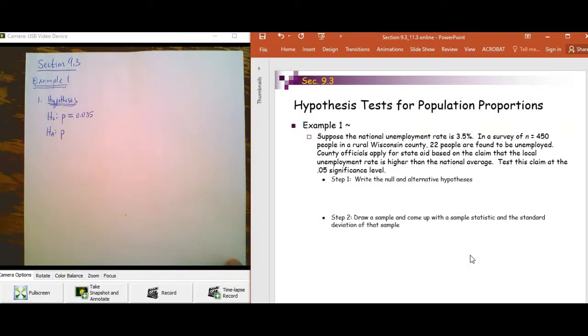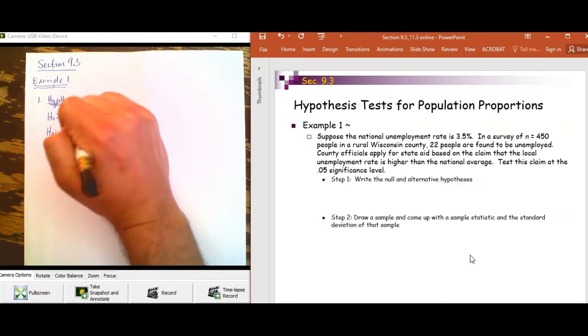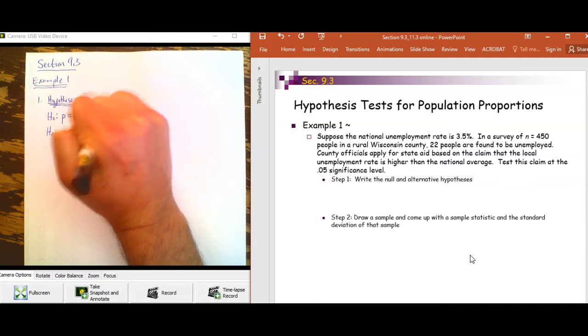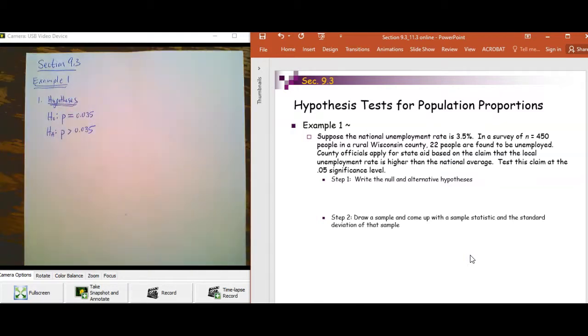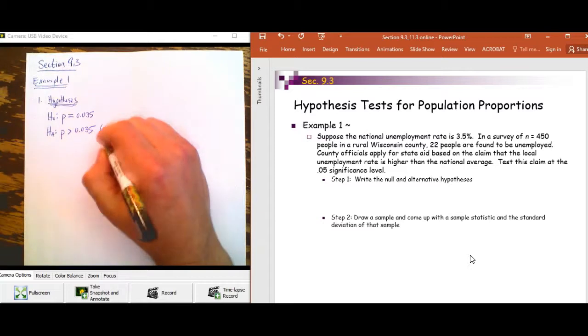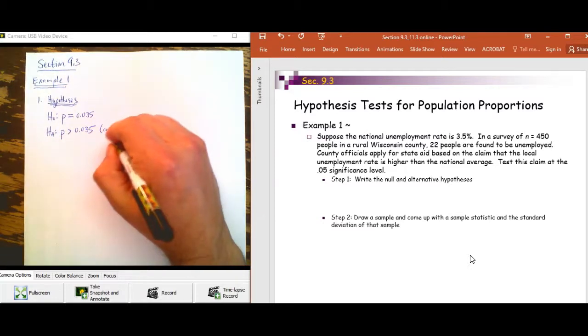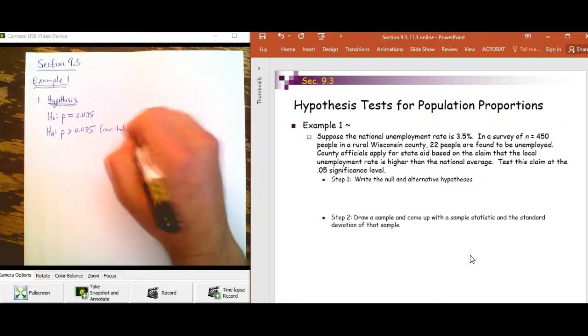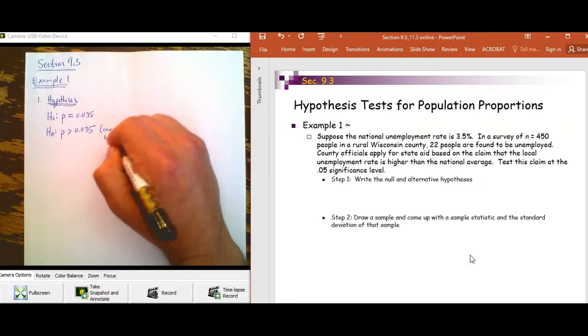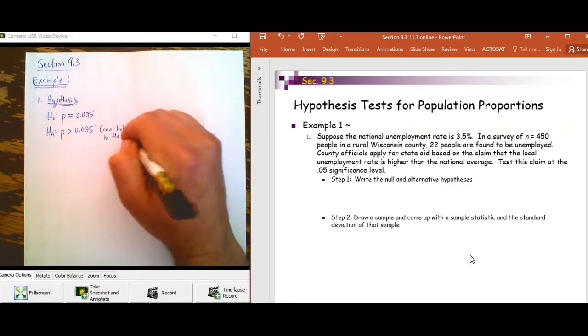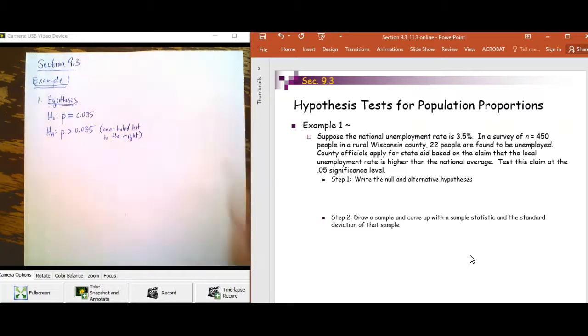And we're testing the claim to see if the actual unemployment rate here is higher than 3.5%. So we have our null and alternative hypotheses. Notice that this is a one-tailed test to the right.